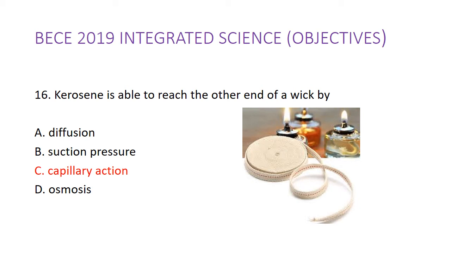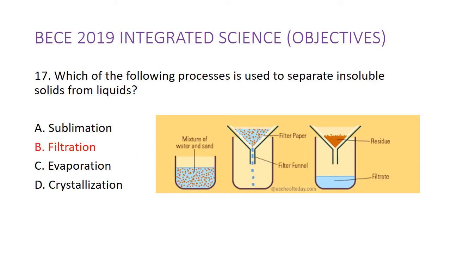So capillarity is the rise and fall of liquid in narrow tubes. The wick acts as a narrow tube where the kerosene would rise through. Question 17: which of the following processes is used to separate insoluble solid from liquids? That is filtration.